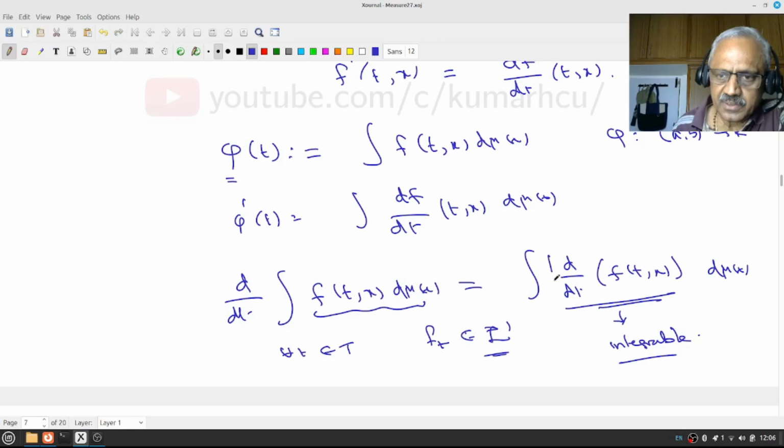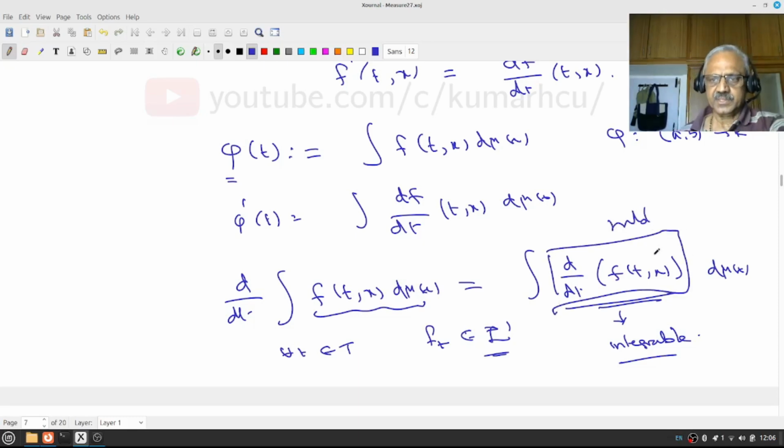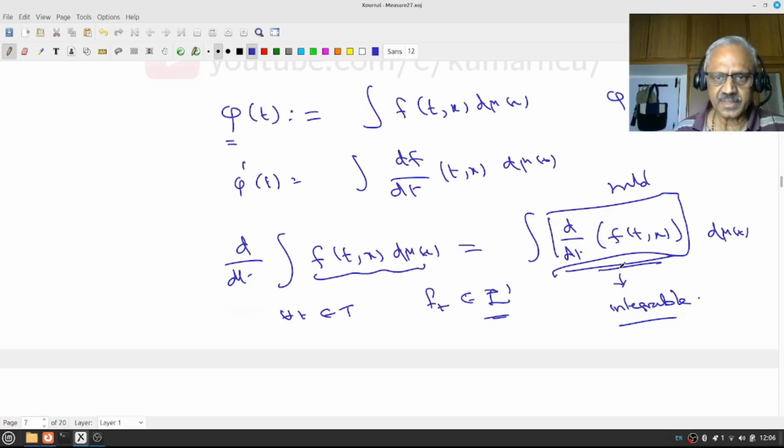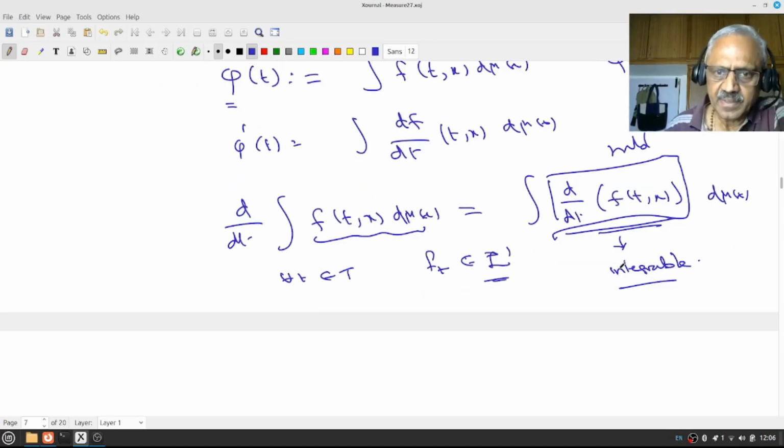Notice that we already know this is measurable as a function of x. For each t, this will be measurable. We will recall the proof if you need; it's exactly similar to the way we did. Then I have to say it's measurable and then integrable, and this integral makes sense. Therefore, these two integrals are the same, right?